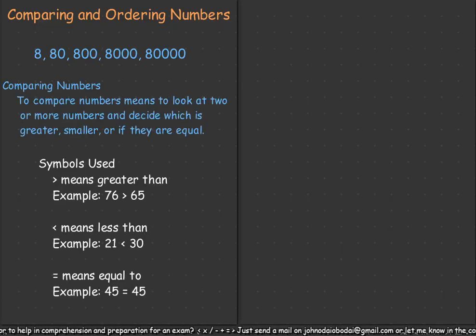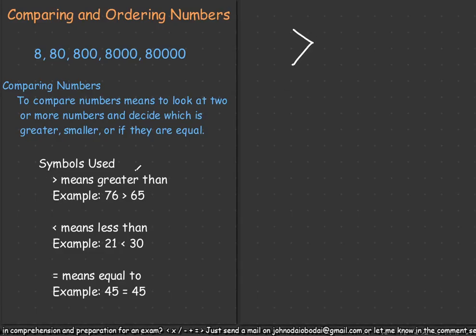Now, with that said, it is important we take note of the symbols we use when comparing these numbers. There are three of them we will be looking at in this lesson. The first one is written like this. We call it the greater than.